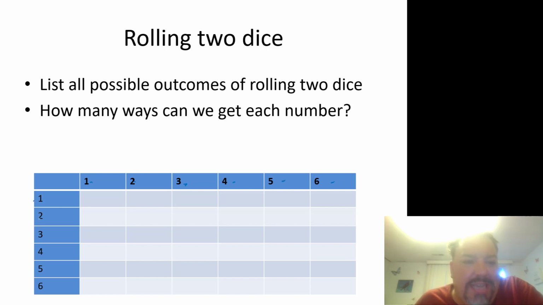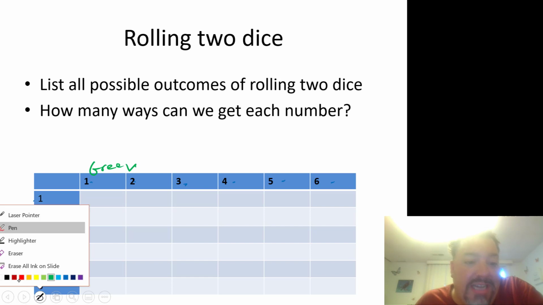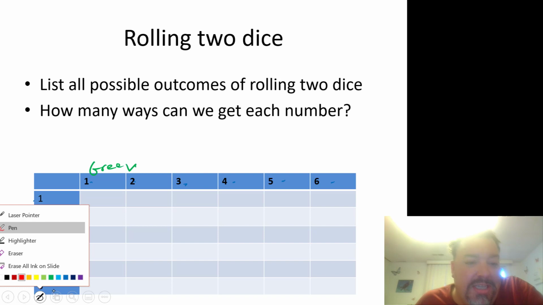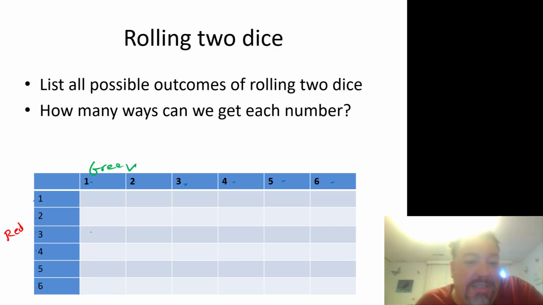And then the numbers going down this column, 1, 2, 3, 4, 5, 6, those represent the numbers on another die. Maybe think of this as 2 different colors. So, maybe this is the green die, and if you have a red die, it's easy to tell the difference between them. If they're both white, it's kind of harder to tell. But if you had different colors of dice, you'd be able to tell.